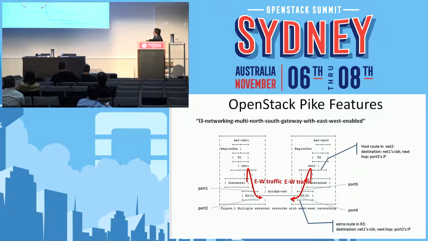By default, the traffic will go locally to R2. North-south traffic will go to R2 and the external network by default. But to another OpenStack network, there is one host router in the network, and in the router we also have one extra route with the next hop to this port for net 1. So the traffic will go from net 2 to SD2 and then to the Beijing network.